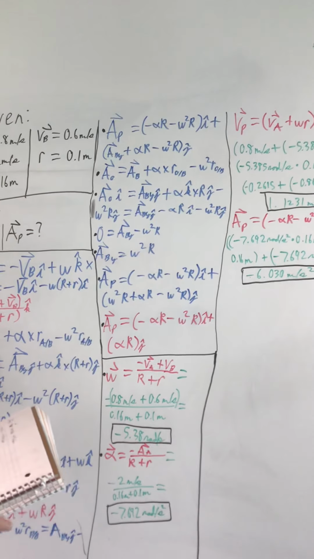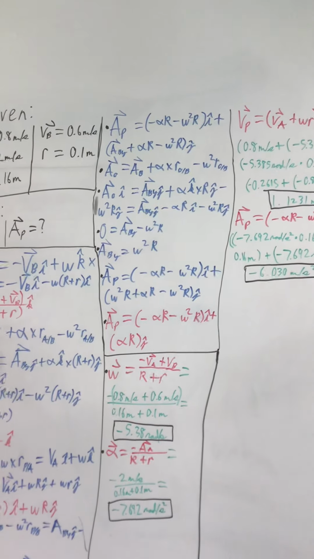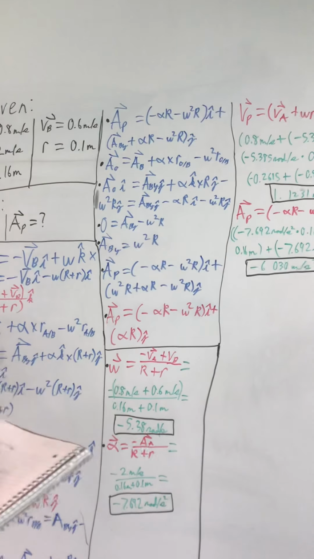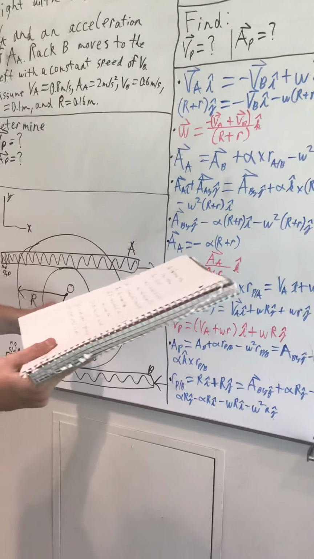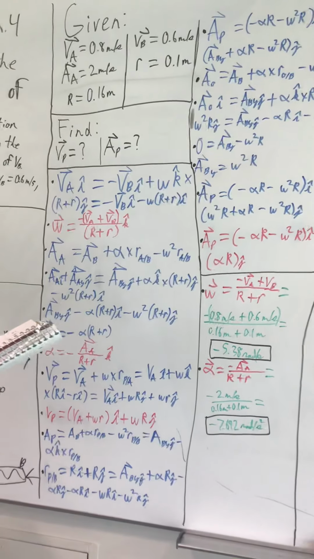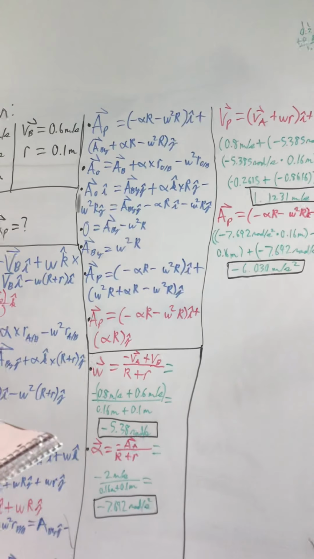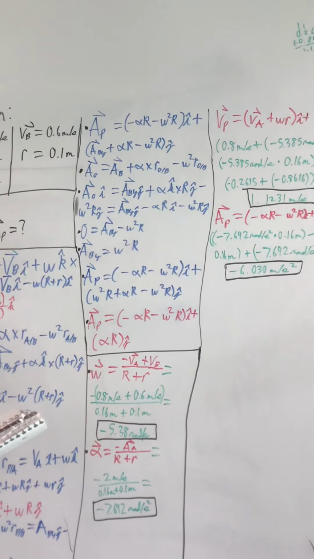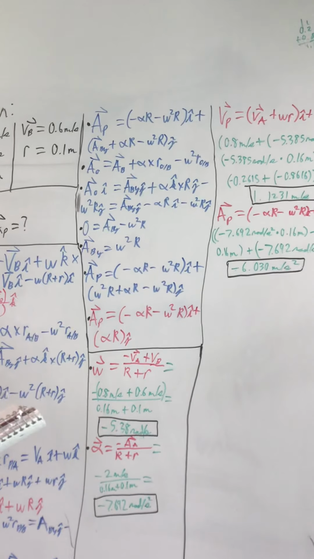Now, this isn't going to give us exactly what we need. We still need one more thing here. We're going to find the acceleration at O. The acceleration at O, A of O in the I hat direction, is equal to A of B J hat plus alpha K hat crossed into R J hat minus omega squared r in the J hat component.